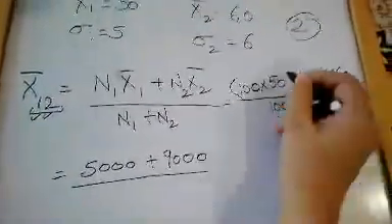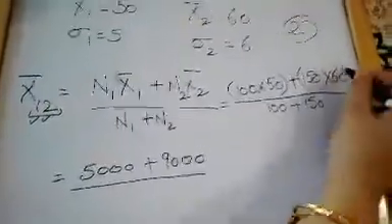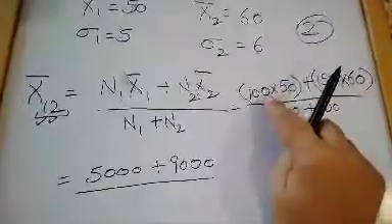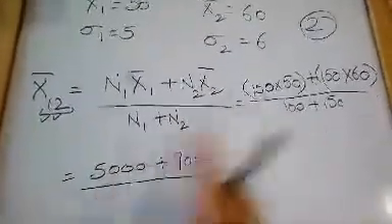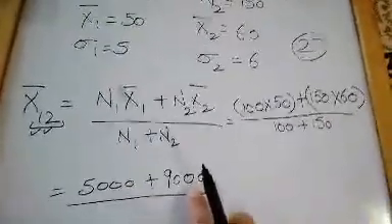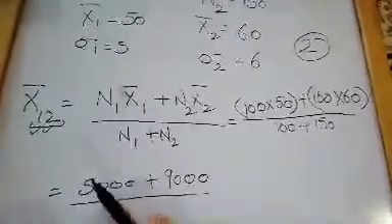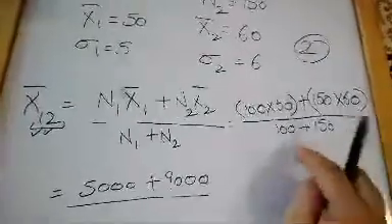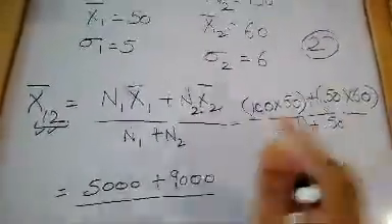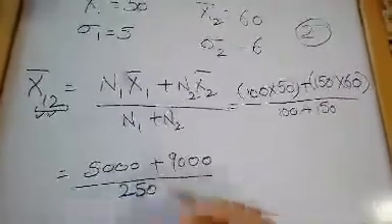First I multiply these terms, then I multiply the second pair. By multiplying 100 into 50, I get 5000. By multiplying 150 into 60, I get 9000 over here, and this is 5000. Then n1 plus n2, 100 plus 150, I get 250 over here.